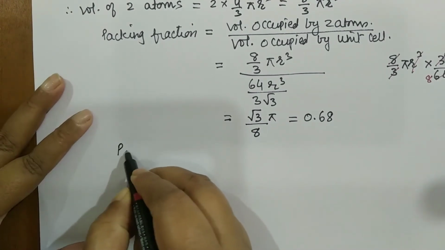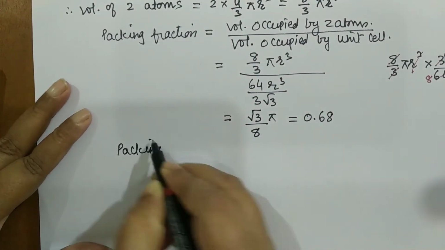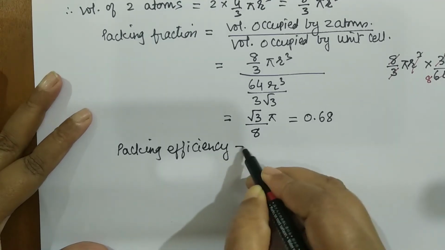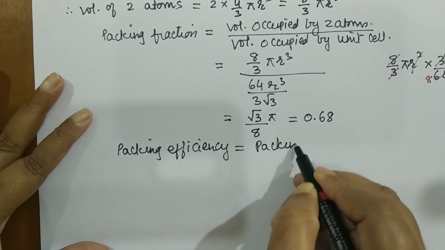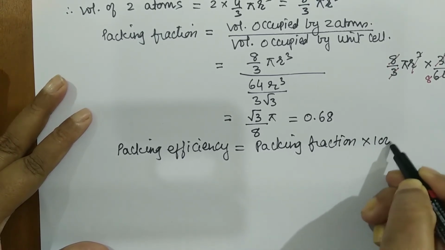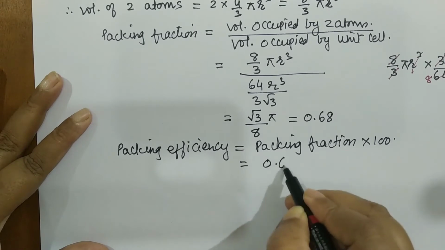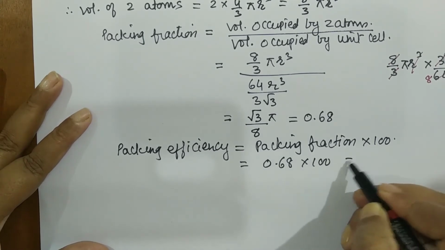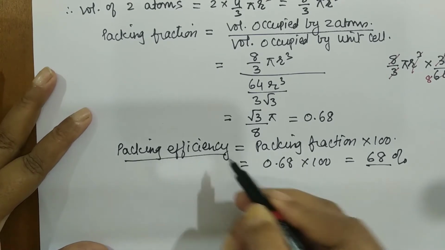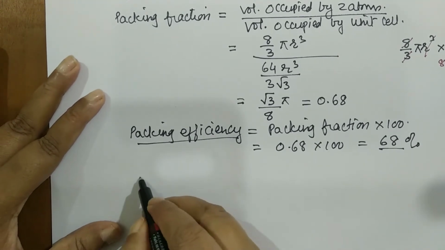Now come to packing efficiency. So packing efficiency is equal to packing fraction into 100. So it will be 0.68 into 100. So it gives you 68%. So this is the packing efficiency. Now come to the void percent.